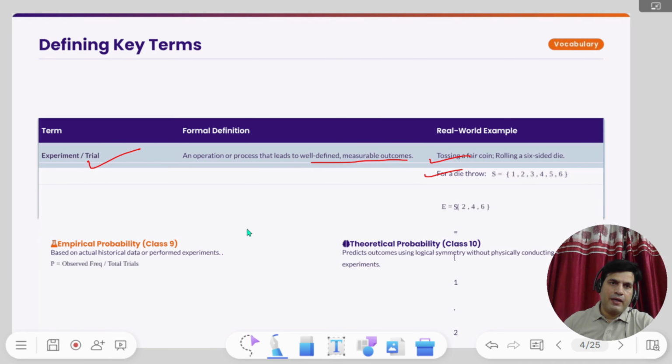And empirical probability is based on actual historical data or performed experiments, where P equals observed frequency upon total trials. In 9th class we studied that, and in class 10th we will see theoretical probability, which predicts the outcome using logical symmetry without physically conducting the experiment.